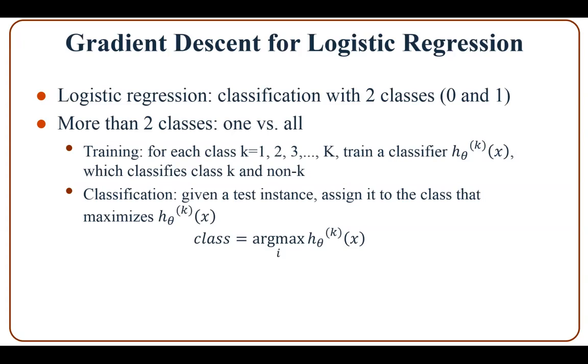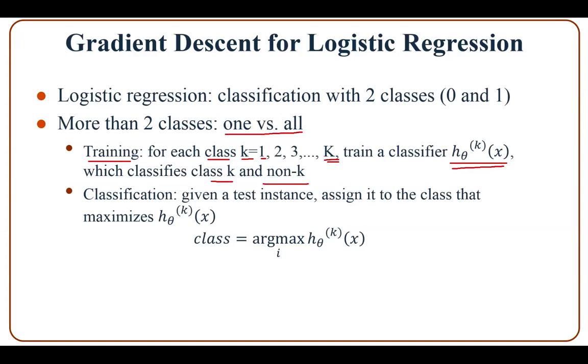How about the case with more than two classes? Then we can use the one-vs-all strategy. In the training step, for each class k with k from 1 up to capital K, we train a classifier hk of x, which classifies class k and non-k.